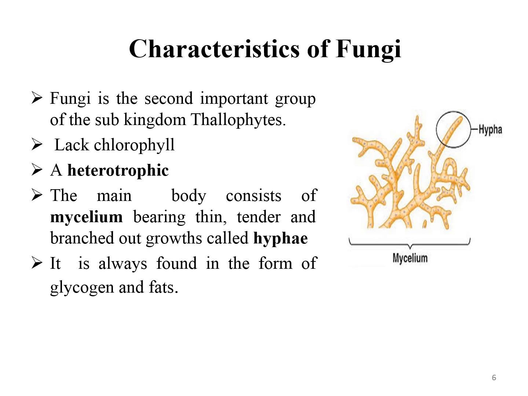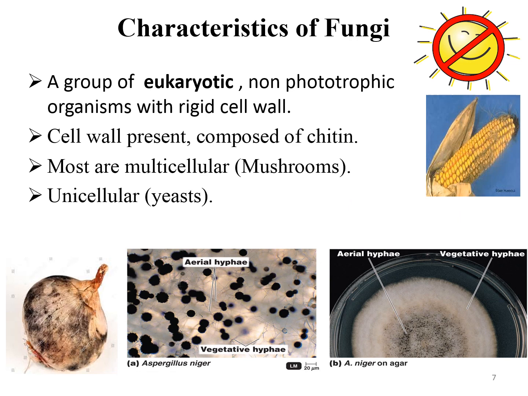Reserve food is not found in the form of starch. It is always found in the form of glycogen and fats. Fungi are a group of eukaryotic, non-phototrophic organisms with a rigid cell wall. The cell wall is made up of chitin.